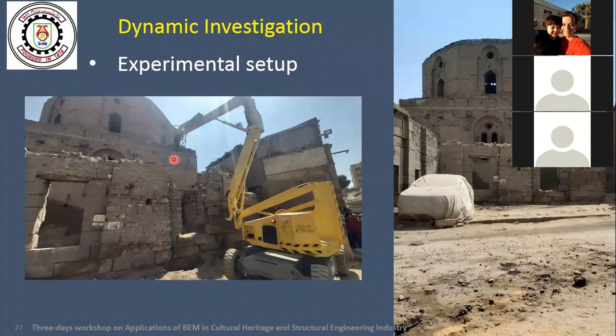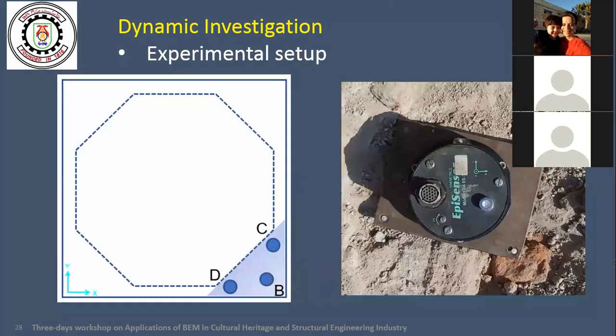So we attached the accelerometers at these three locations at the same corner. Of course, we know that this would be problematic because we will not be able to identify the mode shapes because of the limited location of the accelerometers.